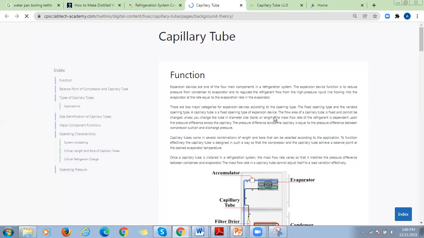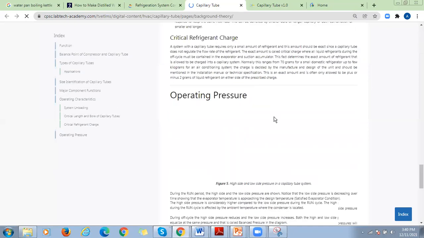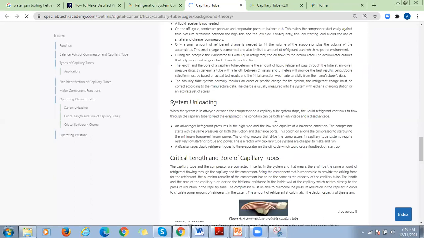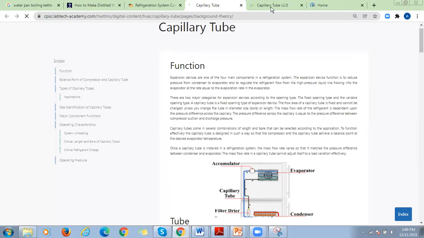See, the background theory is all here. At least I can pass you the reading material so that you can have somewhat realistic applications on refrigeration. It should be very useful. Even 3D animations, see?